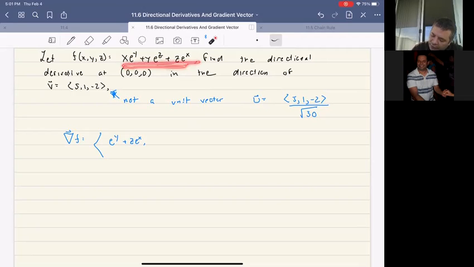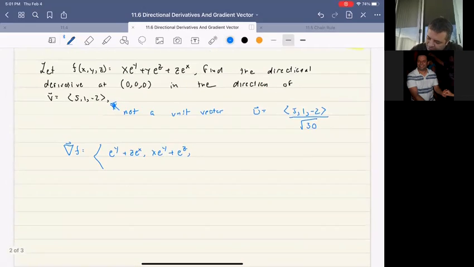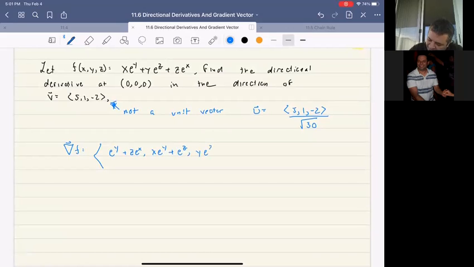Derivative with respect to y is what? x e to the y plus e to the z. And derivative with respect to z is going to be, oh, sorry, y e to the z plus e to the x. Okay, we're going to put in 0, 0, 0. That's the point we put in. So if we put that in, we're going to get 1, 1, 1.